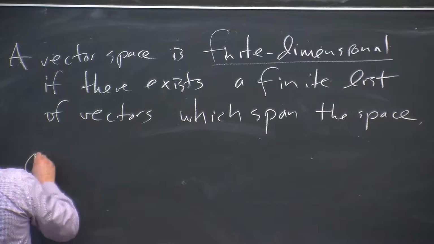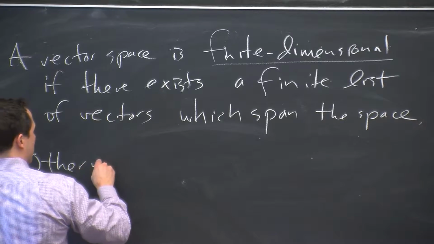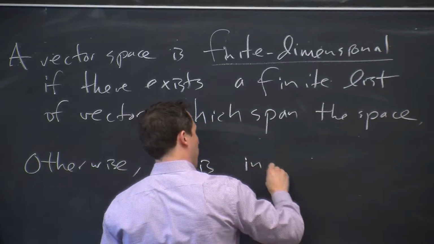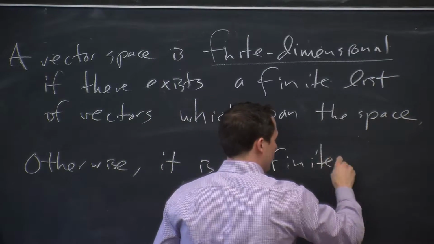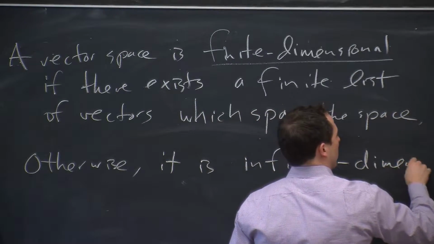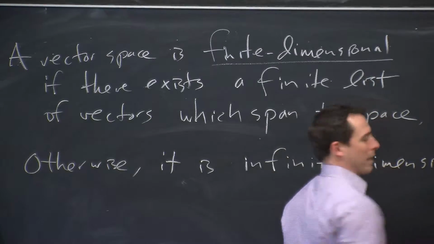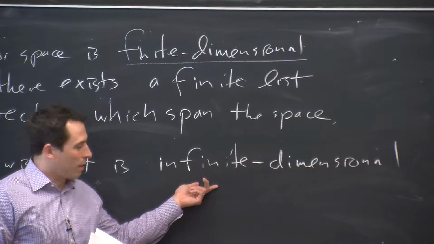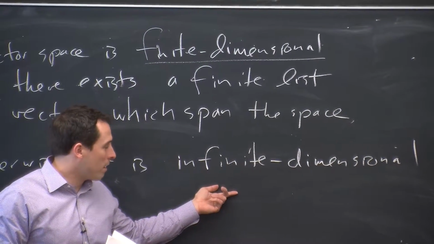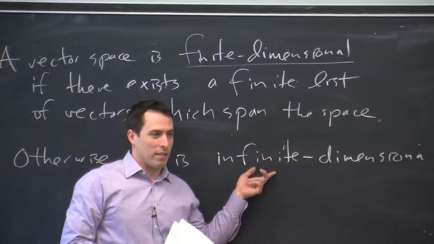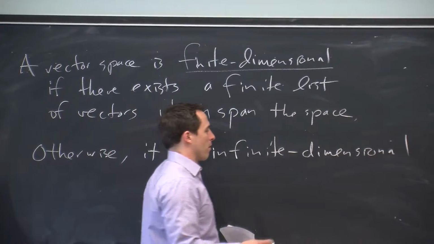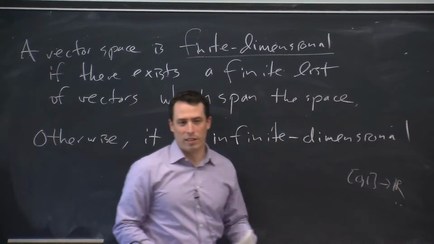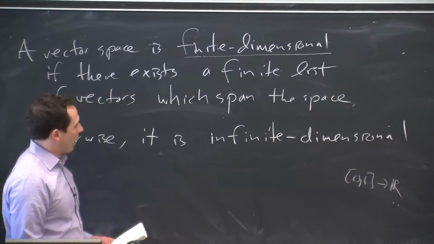Otherwise, if there is no such list, it's infinite dimensional. At this point, we're making no distinction between countably infinite dimensional, like univariate polynomials, and uncountably infinite dimensional, like functions from [0,1] to R. Both of those are infinite dimensional, with no finite spanning list.